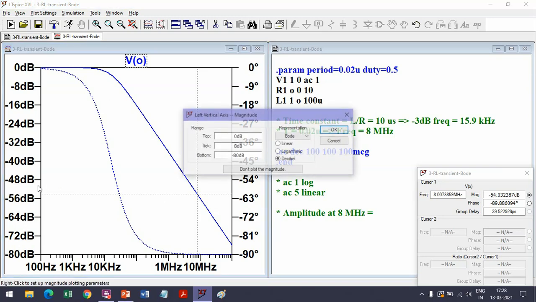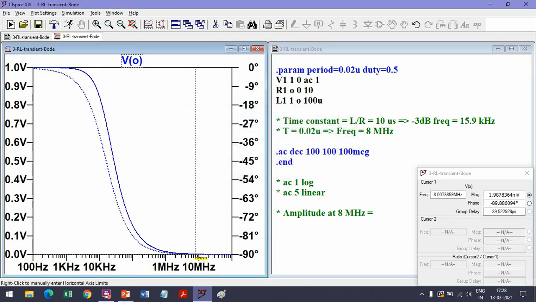So let's see that in volts. At 8 megahertz the output voltage is about 2 millivolts. So the AC component at the output will be about 2 millivolts if the input is 1 volt.